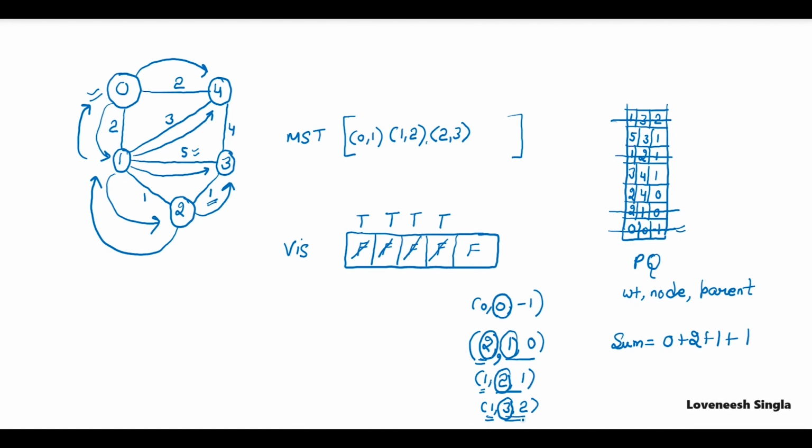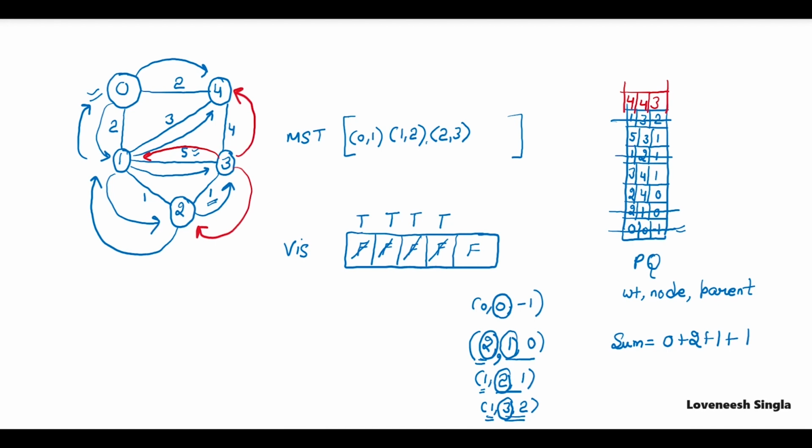Now we will look at the neighbors of 3. So from 3 we can move to 4 and 2 and 1. 1 and 2 are already visited, so we will ignore 1 and 2. So we will insert 4 in this priority queue, and from 3 we can move to 4 with weight 4. So we will insert 4, and node will be 4 and parent will be 3.